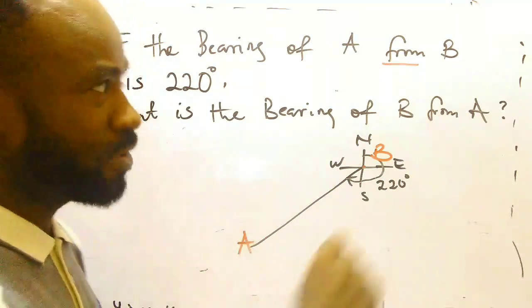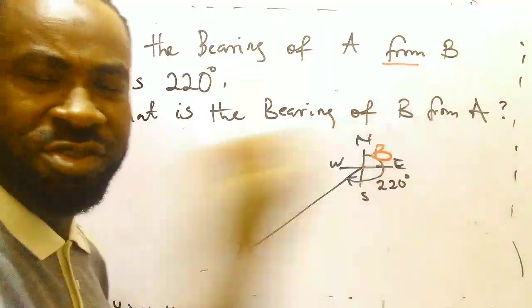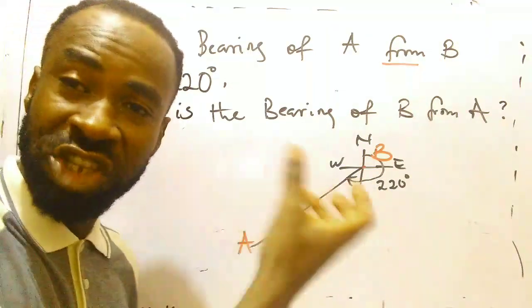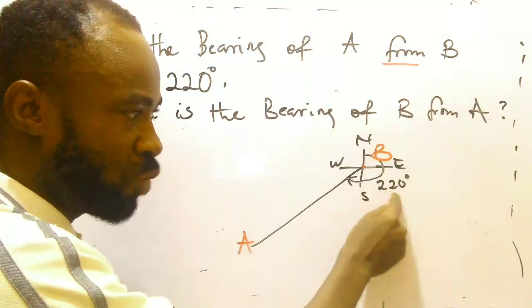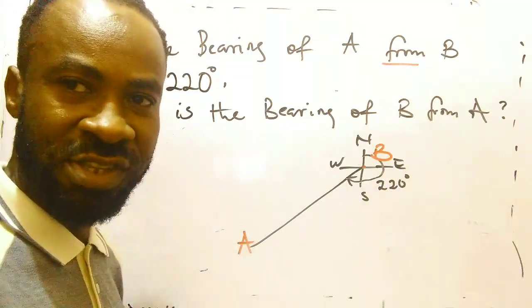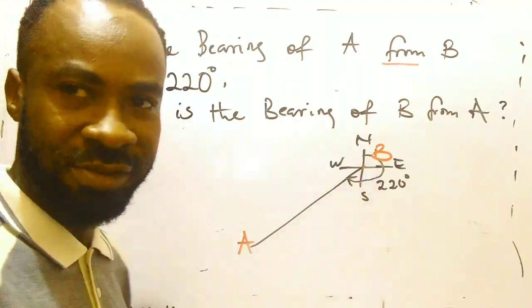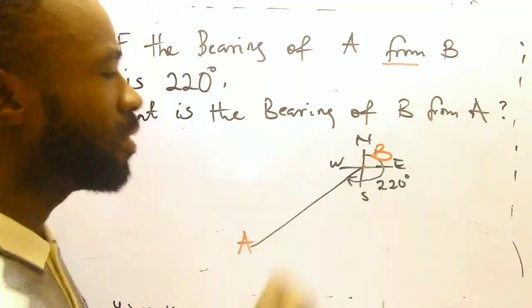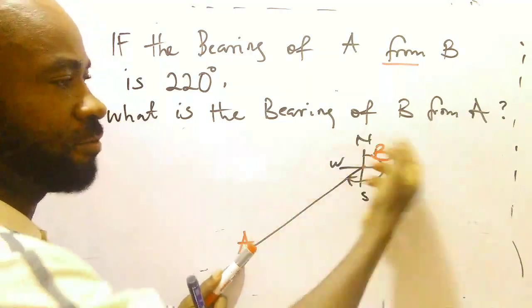No. As long as they say the bearing of A from B, it is telling you that the angle is being measured from B. So B will be where your 220 degree is. Don't put your B here and put your A here. That's wrong.